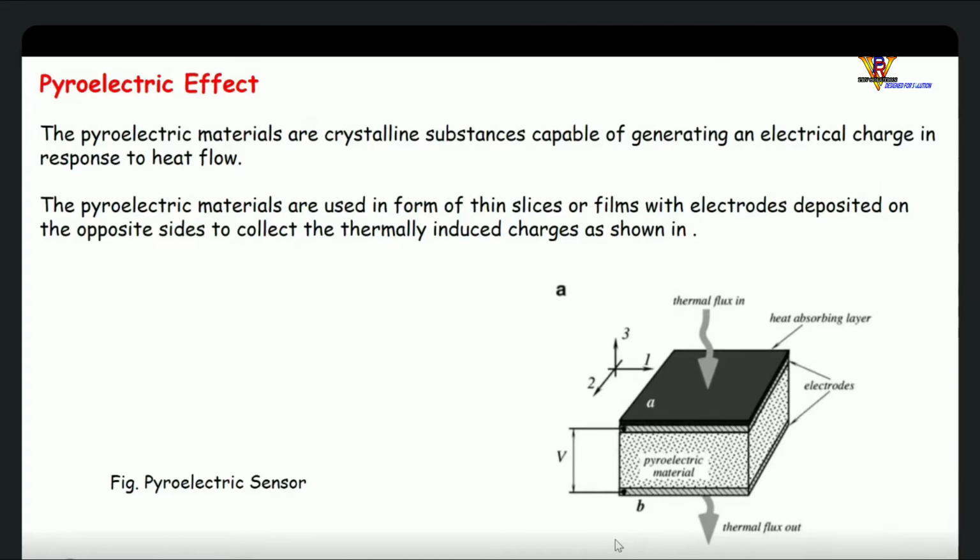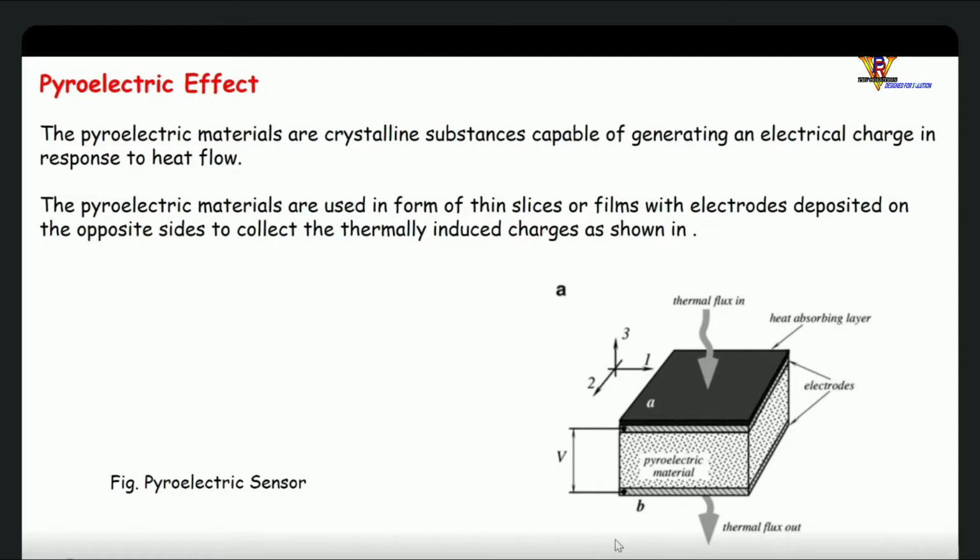So when heat transfers from one plate to another plate, between these two plates a capacitance exists, and on this capacitor, the charge can be accumulated. So that is, we can say, a type of component which converts the thermal flux directly into electrical voltage.